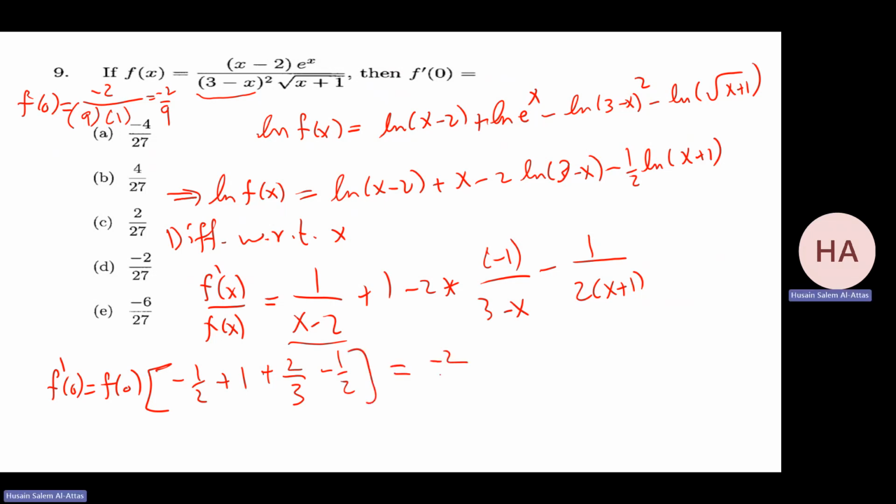So it will be minus 2 over 9 times 2 over 3, because this cancels with this, and that will be minus 4 over 27, which is this one.